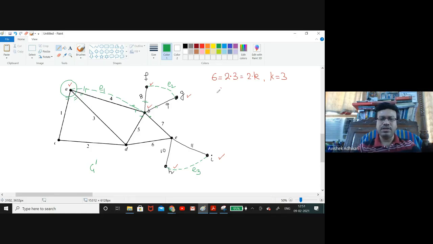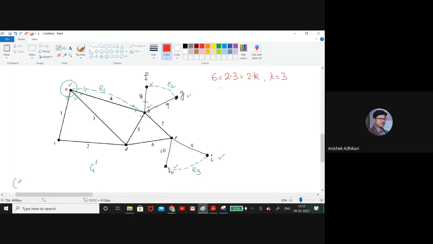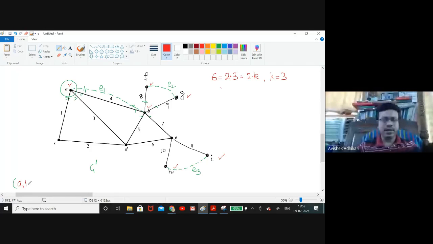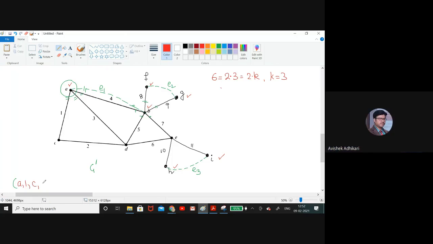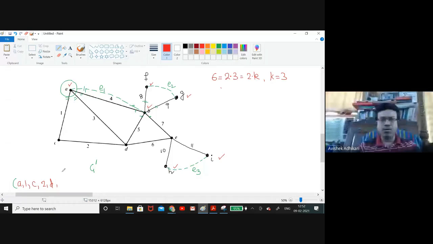Now somebody please tell me what could be this trail. Okay, it starts with A, say it goes to 1, then it goes to C, then it goes to D. Can you please repeat once again the trail that you mentioned earlier, to have the Eulerian path, Eulerian circuit?